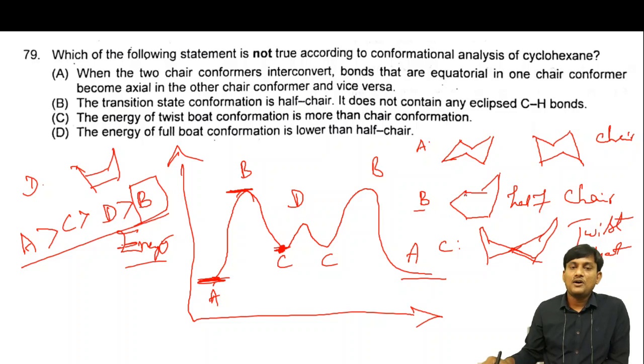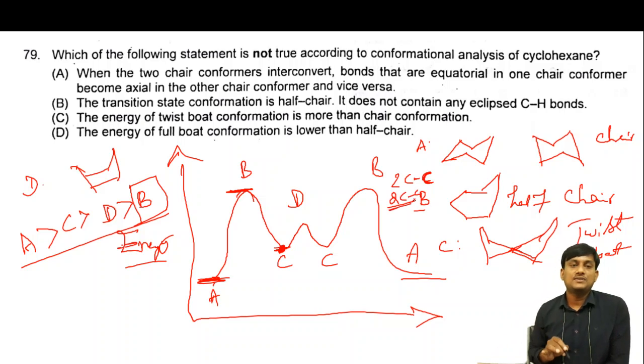In the half chair, you have two fully eclipsed C-C bonds and two partially eclipsed C-C bonds. That's why this one is highly unstable. When there is an eclipse between C-C bonds, there is a repulsion between the bonding electrons. So that's why the half chair form is very much less stable.